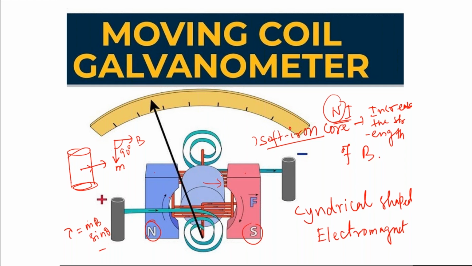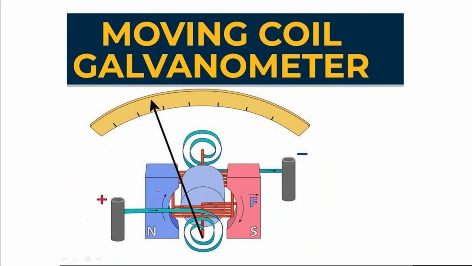One, to make the magnetic field radial, like this, and two, to increase the strength of the magnetic field of the galvanometer. All right.